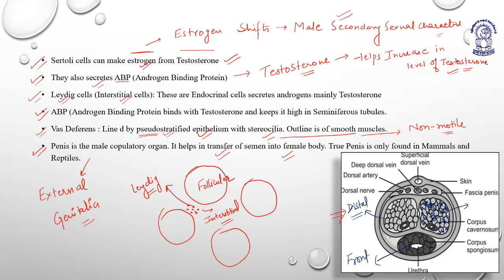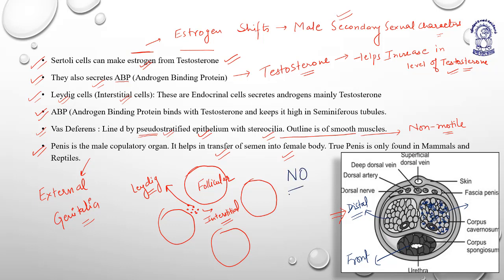Sufferers of erectile dysfunction syndrome may have abnormalities in the pooling of blood in the corpus cavernosum.